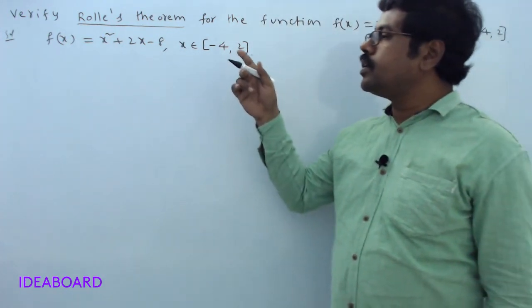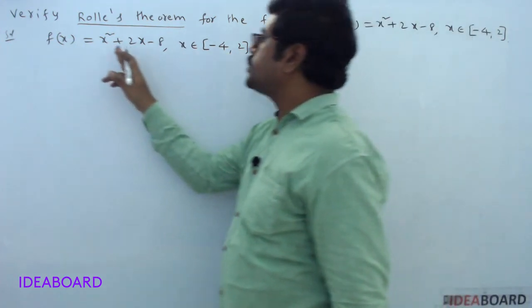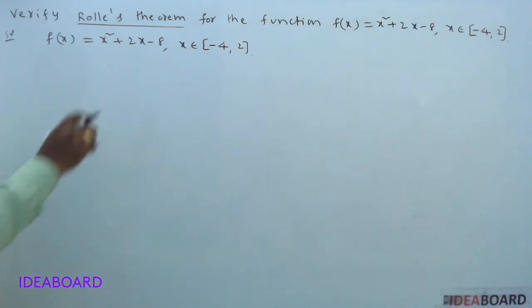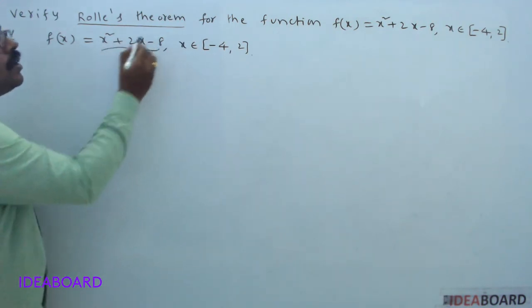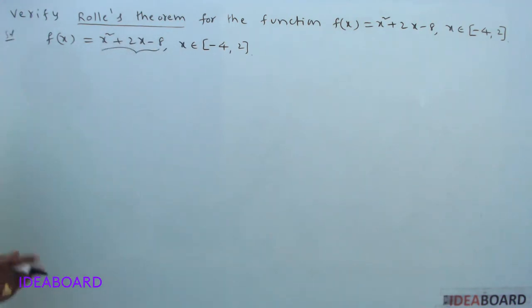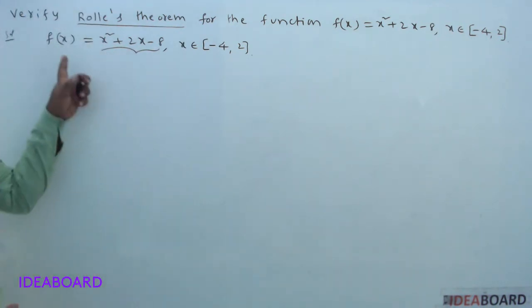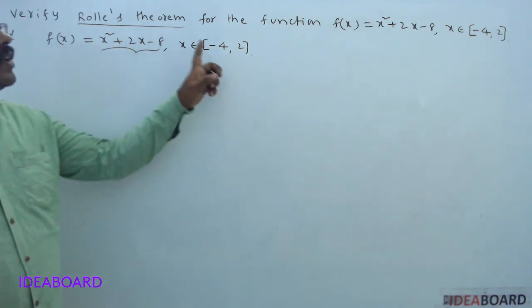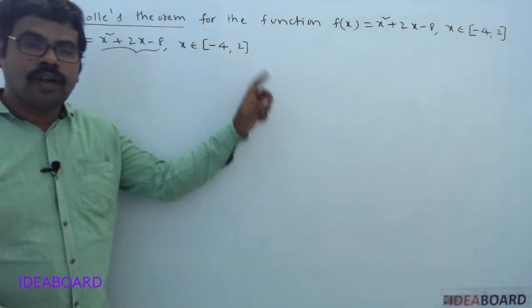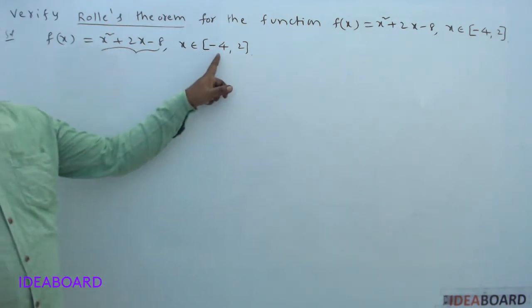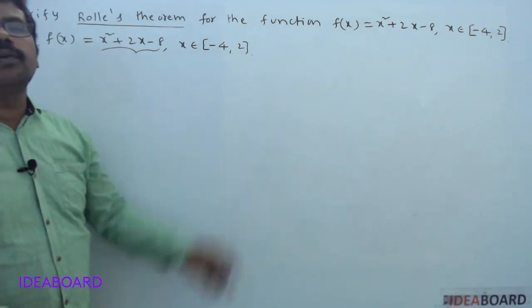Now what is your given function f(x)? x square + 2x - 8. Now clearly it is a polynomial function. Being a polynomial function, without any discussion, you can write down f(x) is continuous in the closed interval [-4, 2]. f(x) is differentiable in the open interval (-4, 2).